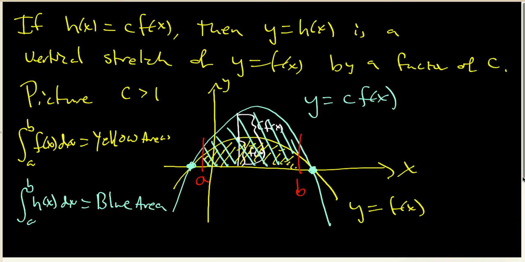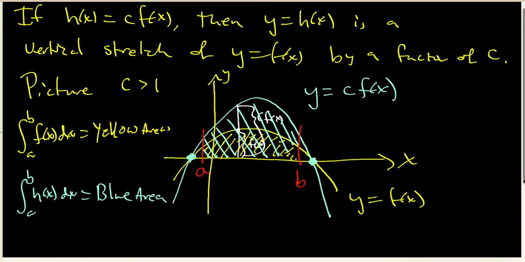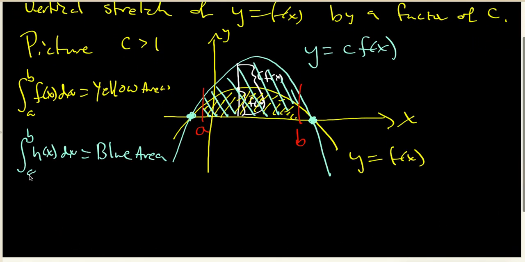Now, what I want to think about is that I know something about how to interpret the notation here. The h here is the height of that blue area. The dx is telling me that I'm sweeping the blue area out in the direction of x. So what I want to do is really look hard at the height of the blue area. h of x is the height of the blue area.